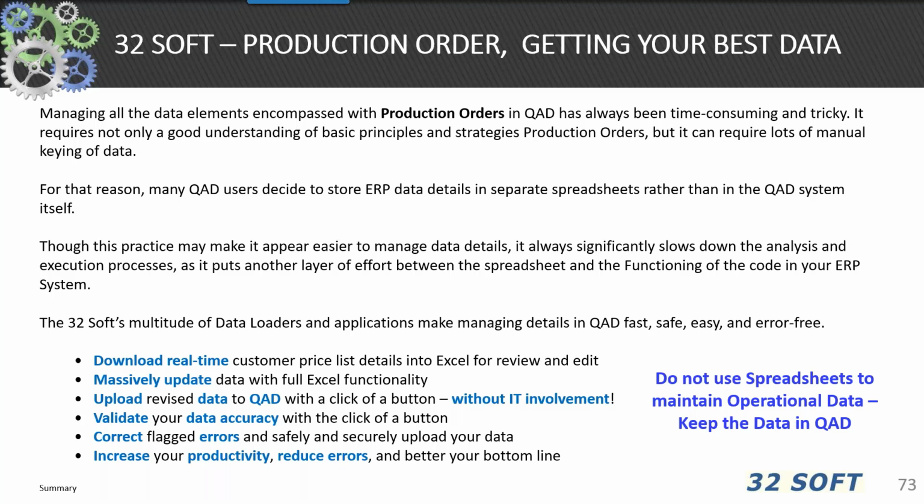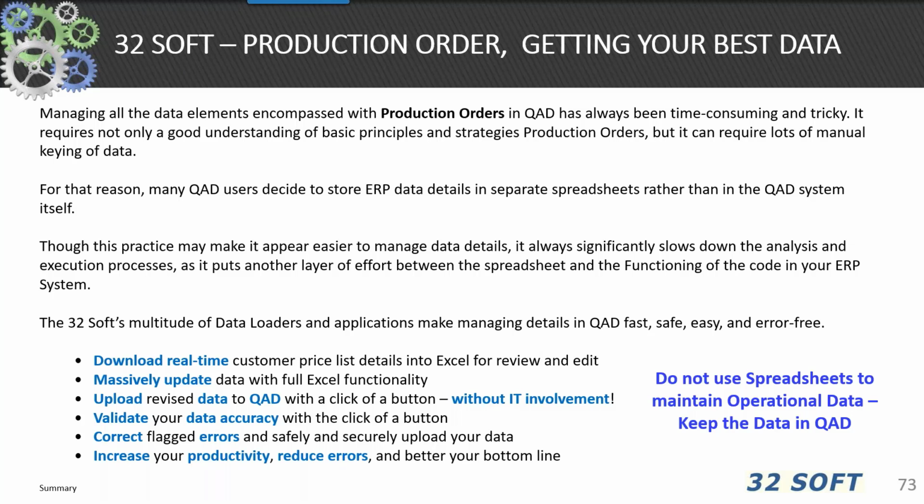The better you model data in your ERP system, the better off you are. Because of that, a lot of people use spreadsheets to hold data and bring that into QAD. The tale to tell is don't use spreadsheets to store data. Keep the data in QAD. 32Soft's myriad of data loaders help you download in real time.